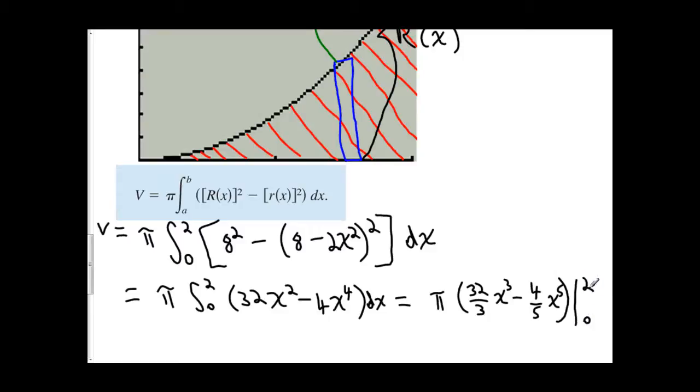Upon plugging in our upper and lower limits of integration, we get that this integral is equal to 896 over 15 pi, and that would be the volume of the solid of revolution.